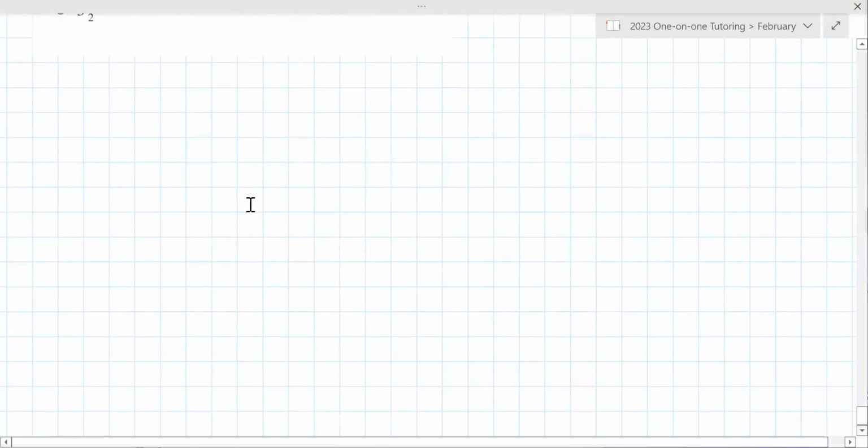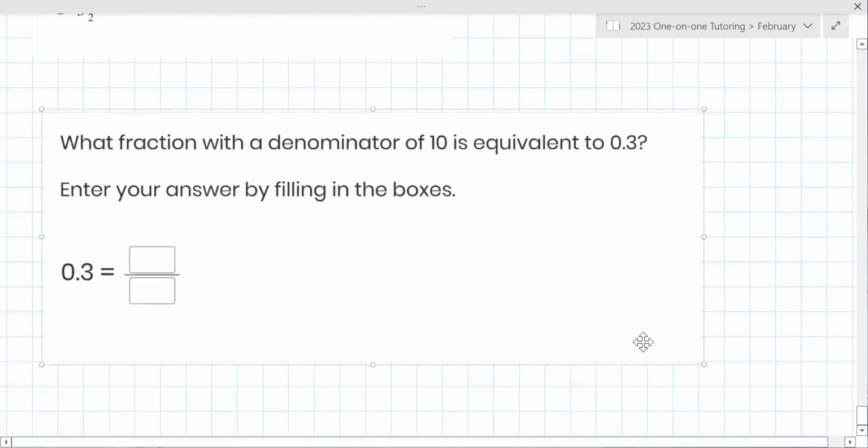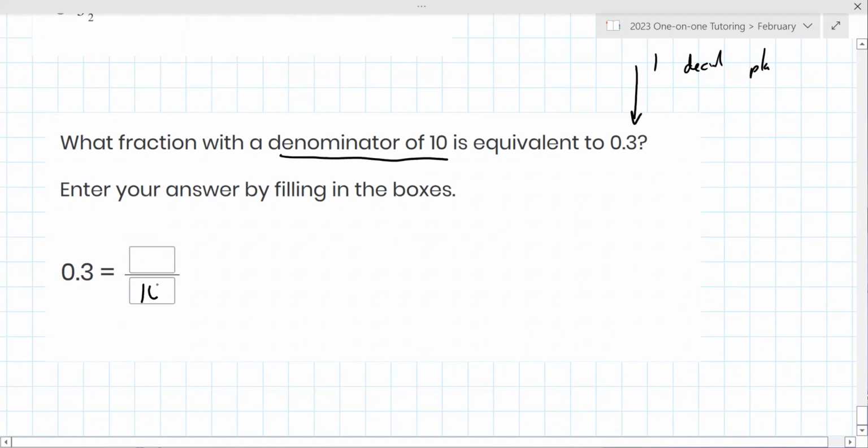Now in the next problem we're going to do, it's 1 decimal place. So that's why it's a denominator of 10. That's why 10 goes in the bottom, because it's 1 decimal place. So what goes in the top here? 3. Very good. That's a great question, because it's confusing. It's like, is it 100? Is it 10? How do I know? It's a really good question.